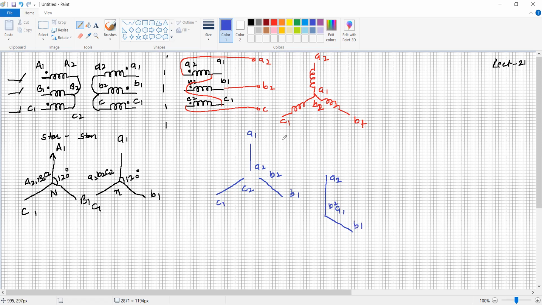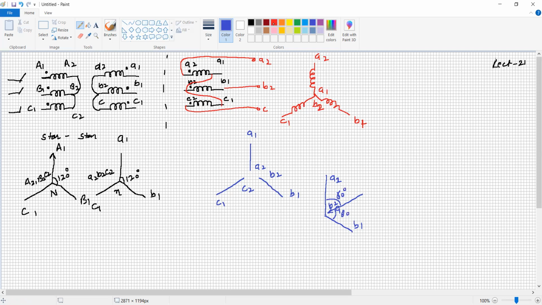Whereas C1 is in this direction, but it is in reverse, so it looks somewhat like that. And here the angle, instead of 120 degrees, is 60 degrees. So this is not a valid connection.